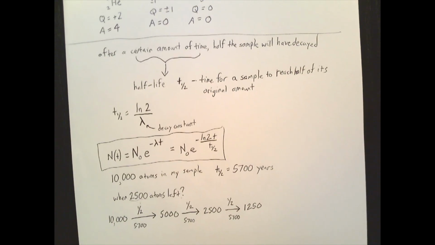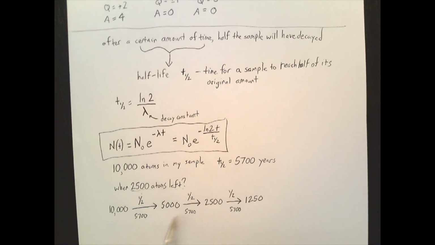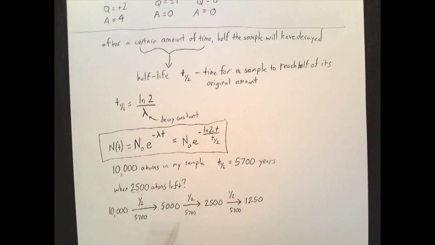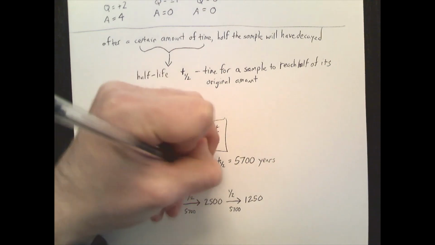2 half-lives have passed. If I had something that wasn't exactly a quarter of what I started with, maybe it asked for about 3,000 atoms left. Well, 3,000 lies somewhere in between this first half-life and the second half-life. So I know at least 5,700 years have passed, and I know the total amount of time has got to be somewhere between one half-life and twice the half-life.